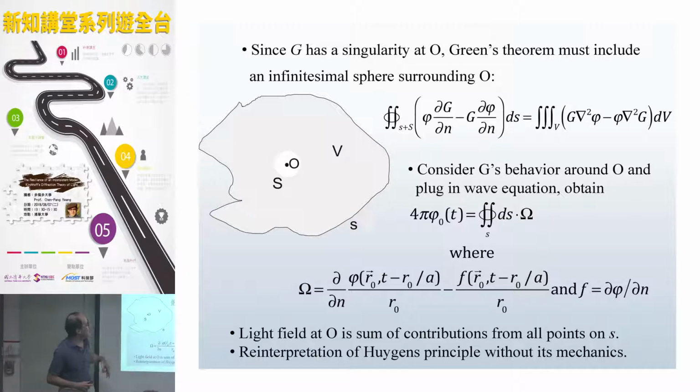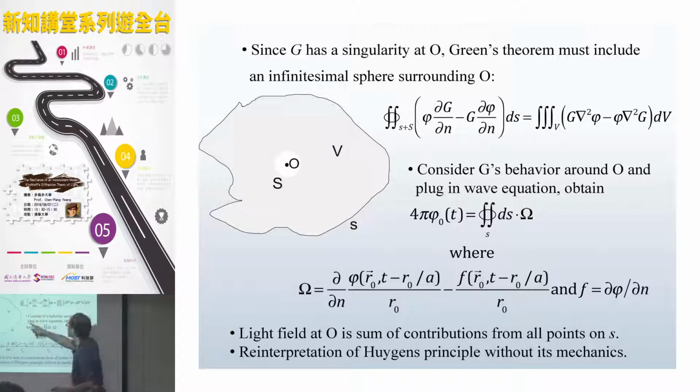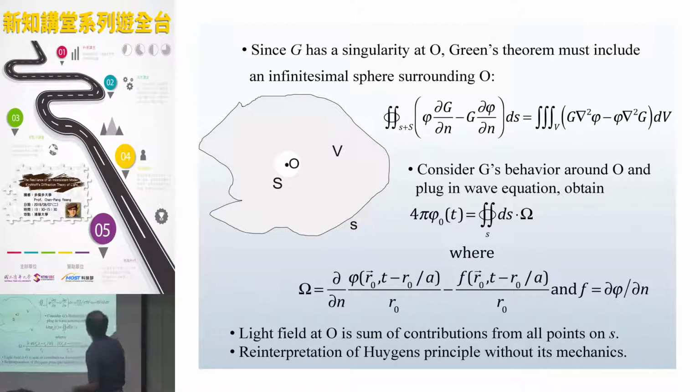More precisely, the Green's theorem should be written in this form, in which the small s and capital S refer to the interior surface and the exterior surface, the very small, infinitesimal surface surrounding O. And V is the space between small s and capital S.